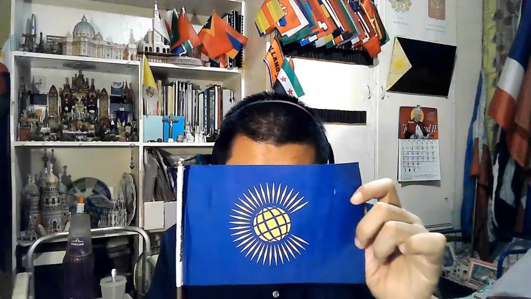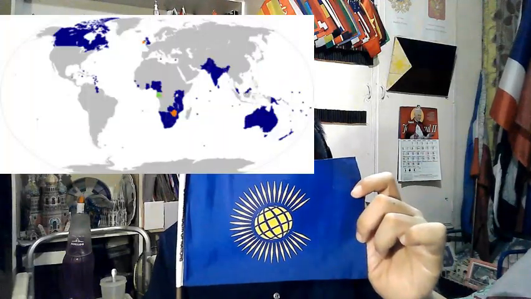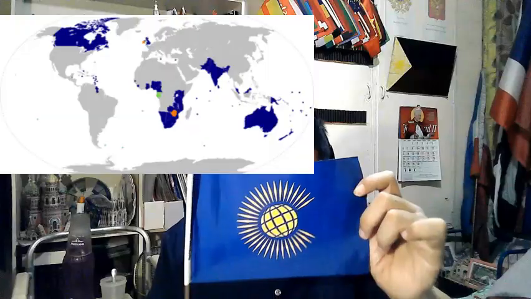The next flag I'm going to show you right now is the flag of the Commonwealth of Nations, also known as the Commonwealth. It is an international organization of 56 member states, a vast majority of which are former territories of the British Empire, from which it developed.